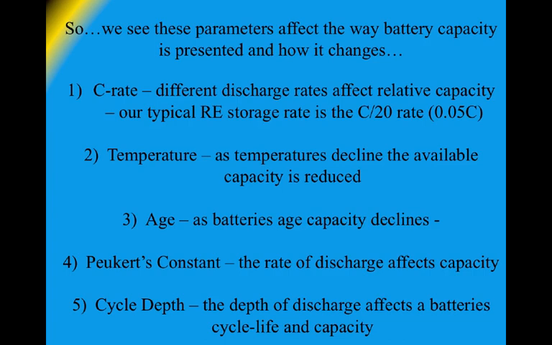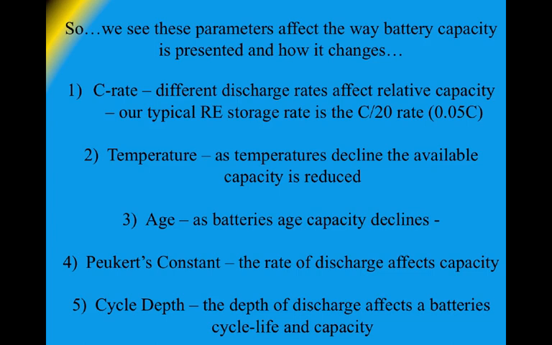So we see these parameters are affecting the way that a battery is charged and discharged, how that capacity is presented, and how it changes. Remember, the C rate is referring to different discharge rates, and that affects our capacity over time.